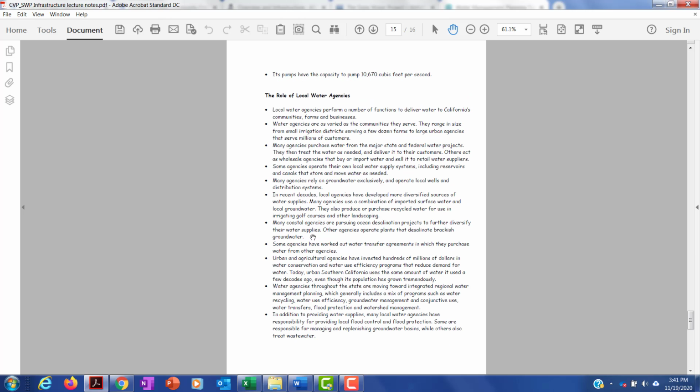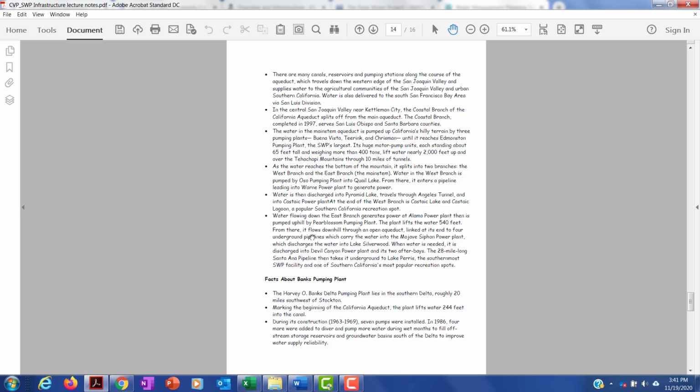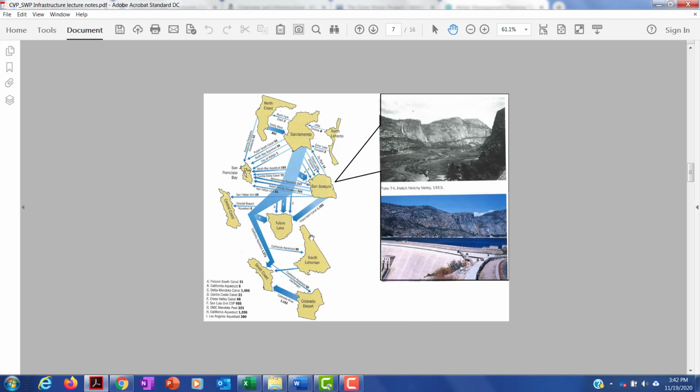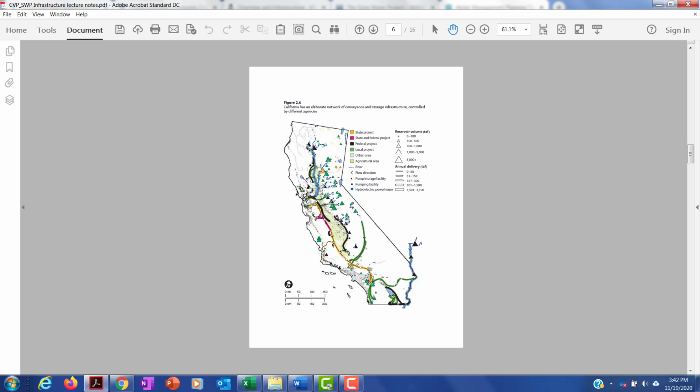There are books and volumes written about this stuff, but if you got most of this fact sheet, and if you were able to identify features on this weird looking map, like, oh yeah, that's Shasta Lake, that's the Kern-Frank Canal, that's a federal project, oh, that's LA's Owens Valley Aqueduct when they secretly bought all the land around Owens Valley and got the water rights, that kind of stuff.